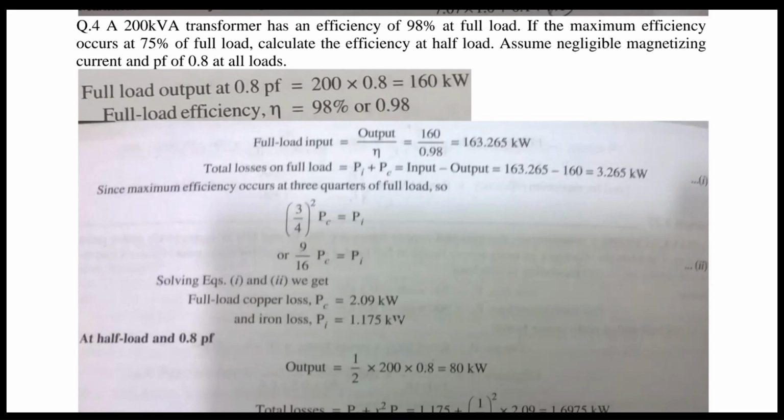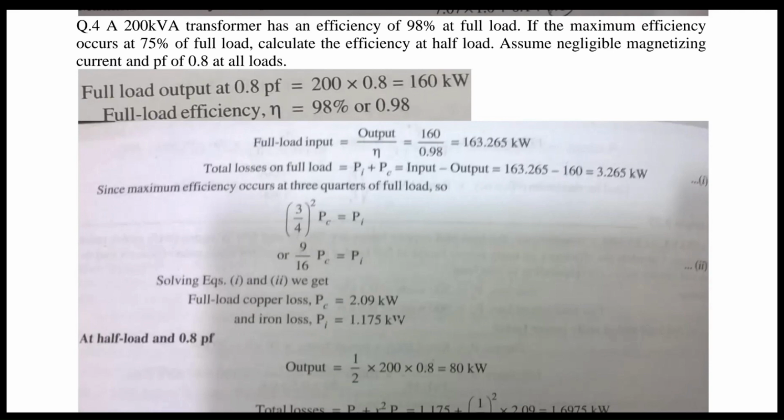Okay, so the rating of the transformer was given as 200 kVA. So VI cos phi, where cos phi is 0.8, so the full load output becomes 160 kilowatt. And full load efficiency is 98%.